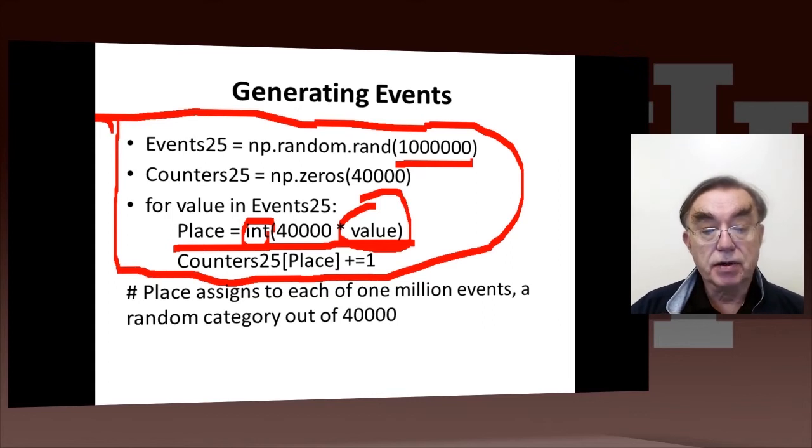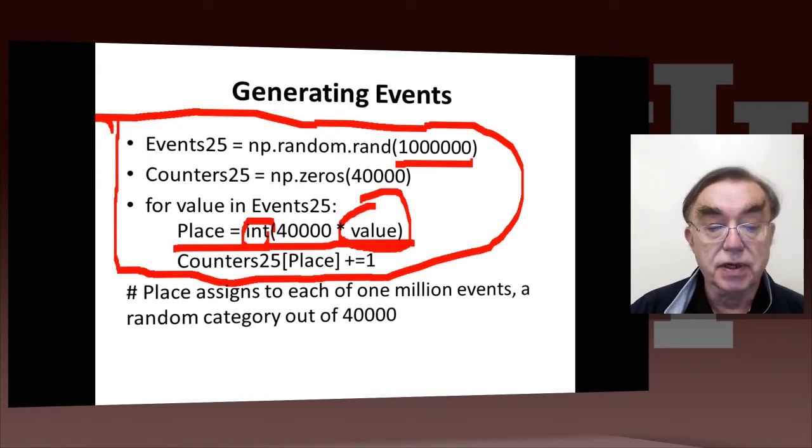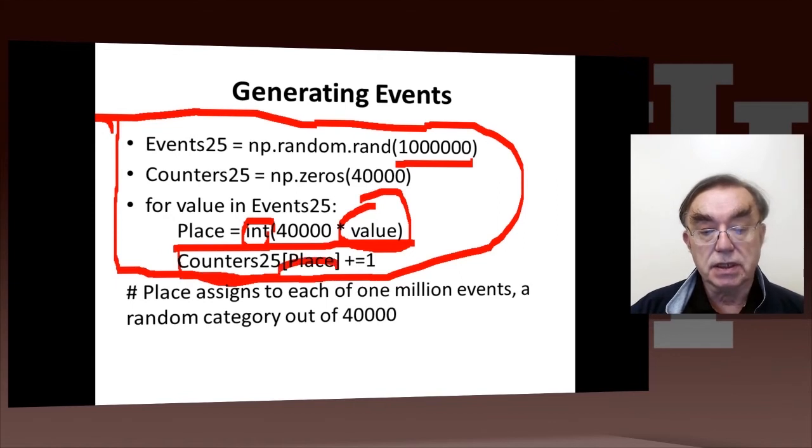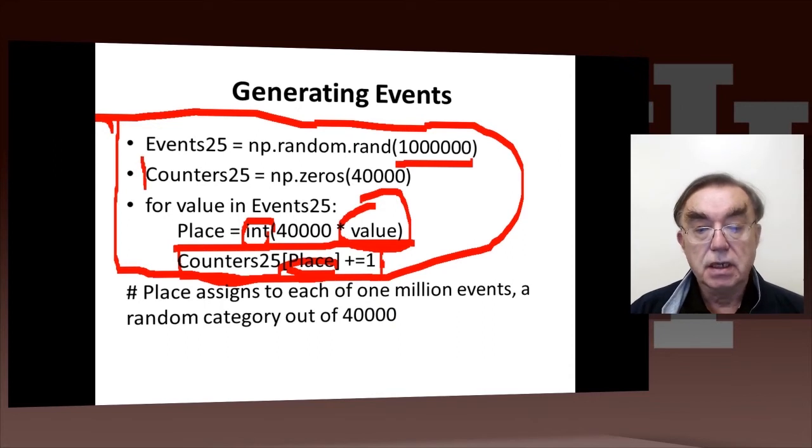And then we increment that place, or the result or the answer or the physics final state, over the 40,000 possible final states. And we increment the counter corresponding to this place. And so this counter here is the thing that gets histogrammed. And we initialize here in Python, we define an array of length 40,000 and initialize it to 0.